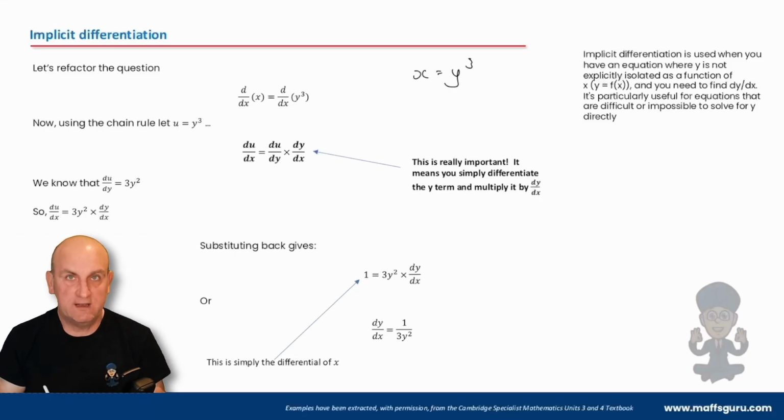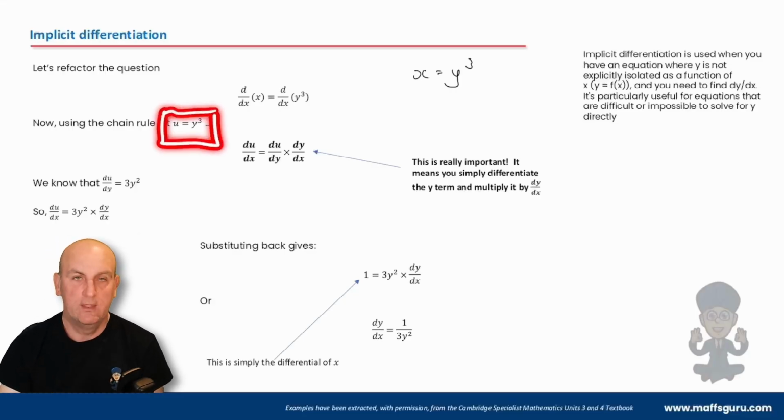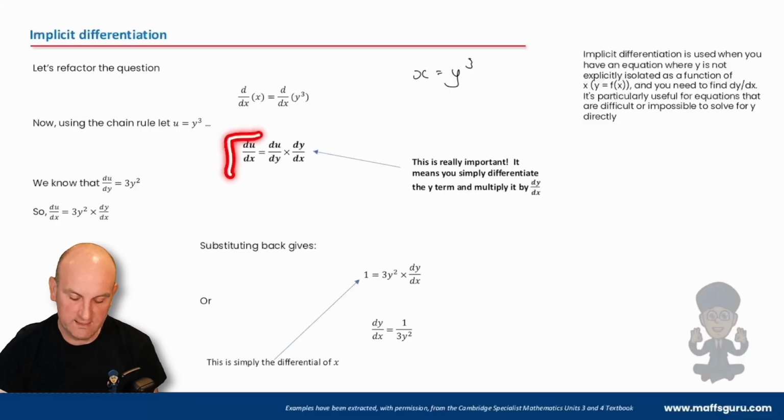Okay, so let's use a bit of a chain rule trick that we've sort of known before. Let's say that u is going to be equal to y cubed. Now, using the idea of the chain rule, therefore, du by dx, if I differentiate this with respect to x, is exactly the same as du by dy times dy by dx.